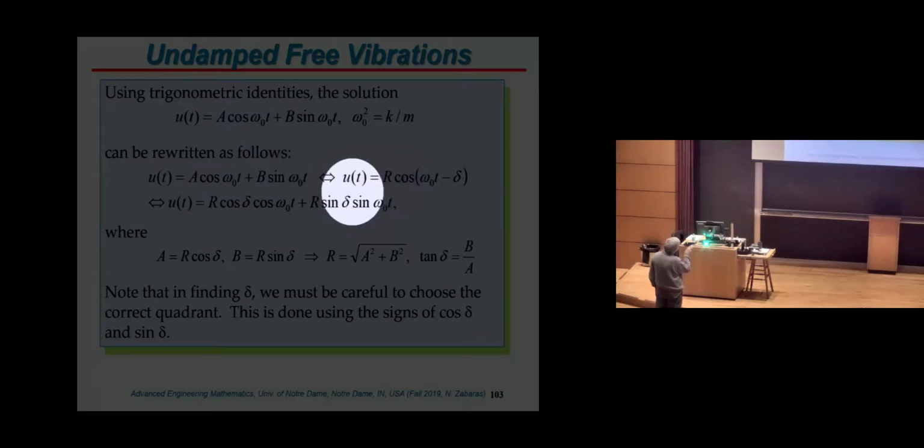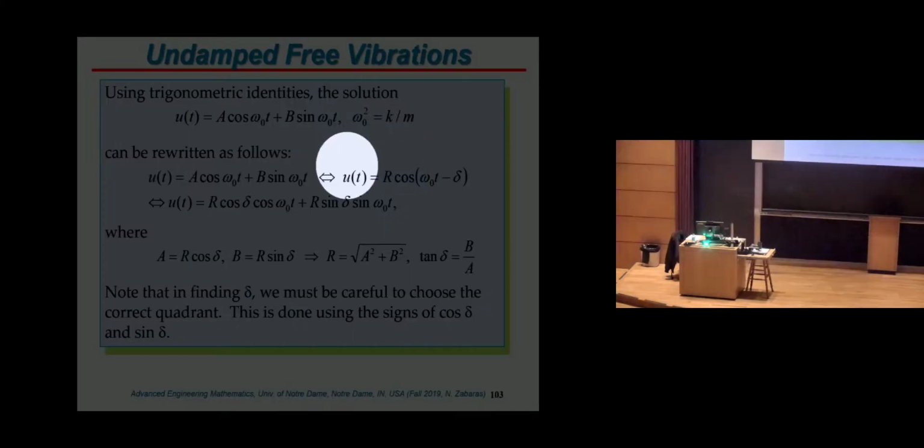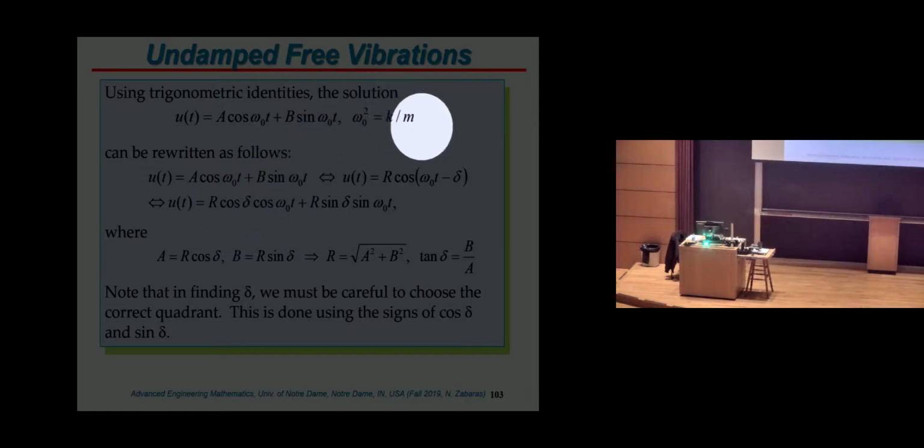Now, what we would like to do is write the solution in the form of some amplitude r times cosine of omega 0 t minus some angle shift, this angle delta.